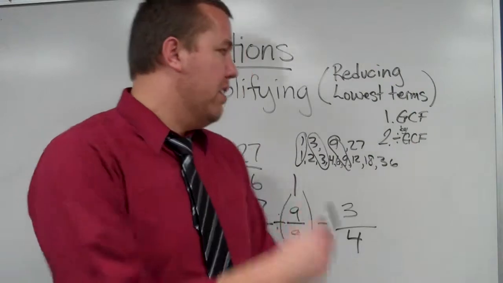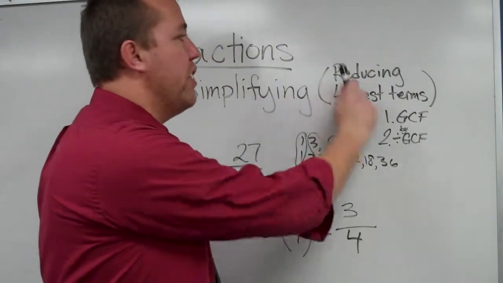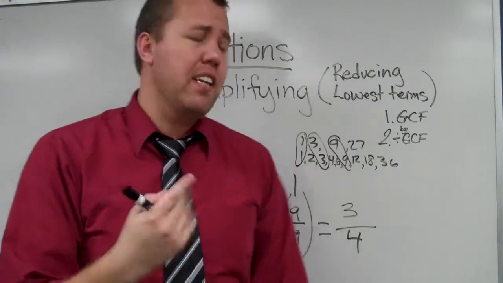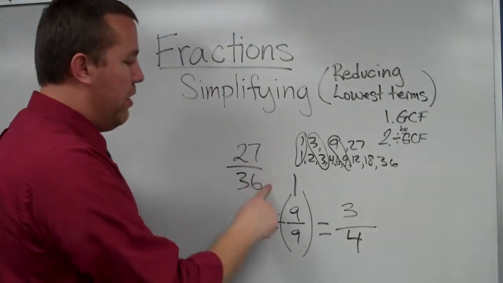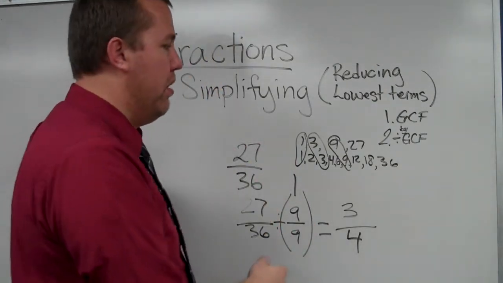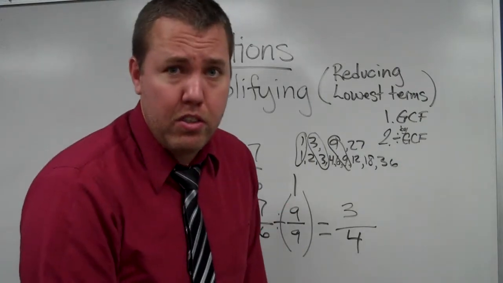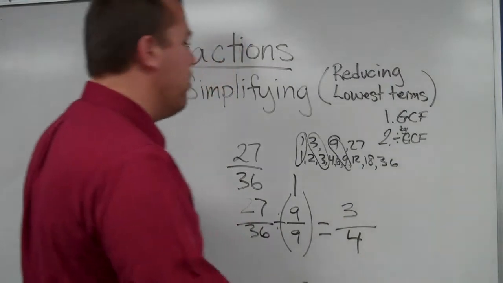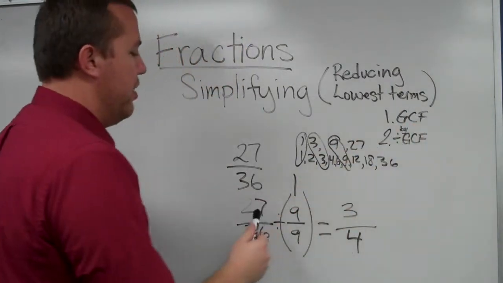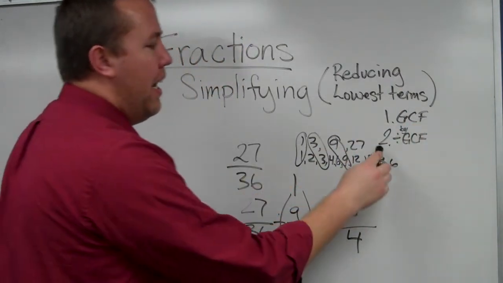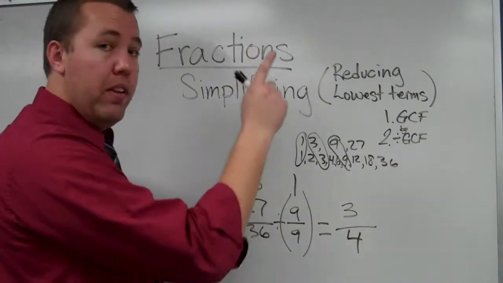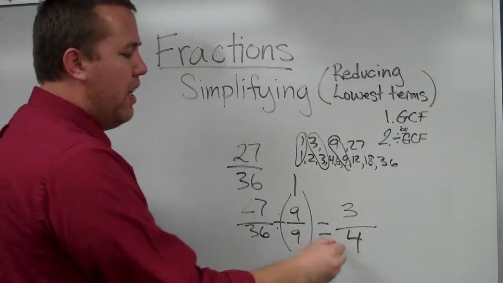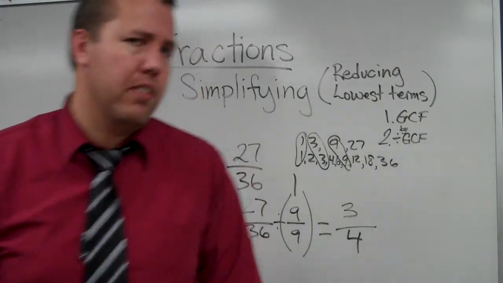When you divide to reduce your fraction or to get it to the lowest terms, you need to find a number that goes into both of these numbers. Preferably the biggest number that goes into it, because then your job's easier and you don't have to do it again and again. So find the greatest common factor of these two numbers and then divide both the numerator and the denominator by your greatest common factor, and that will get you your fraction in simplest terms.